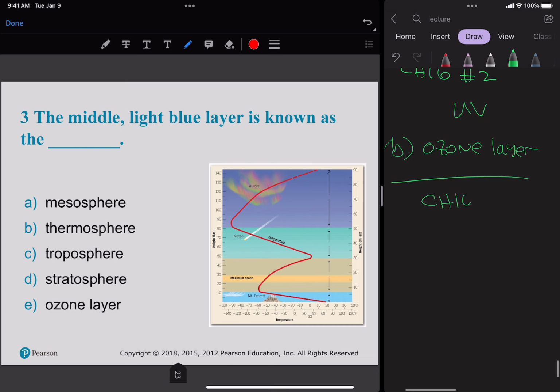Chapter 16, number 3. What is the name of the middle layer? Well, the middle light blue layer. So looks like it's this one here.